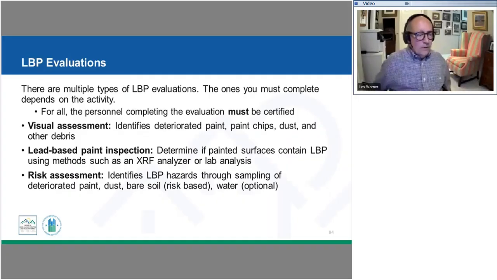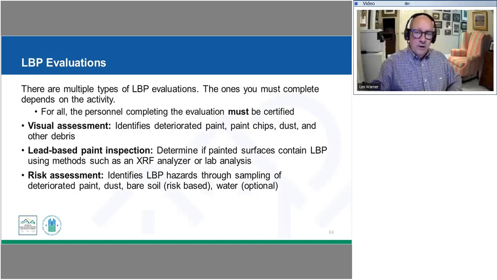So wanted to talk a little bit about some of these different levels of testing. For our visual assessment, we're going to be going through that unit, identifying where we have unstable painted surfaces. So, chipping, peeling, evidence of dust or other debris that are in that unit. Our lead-based paint inspection goes beyond just that sort of visual assessment.